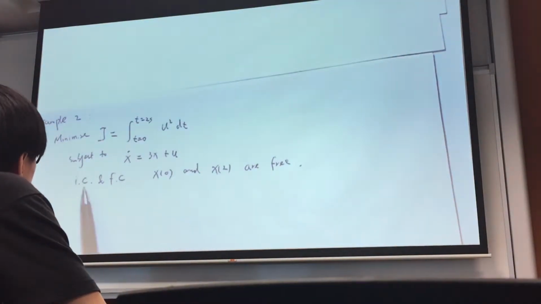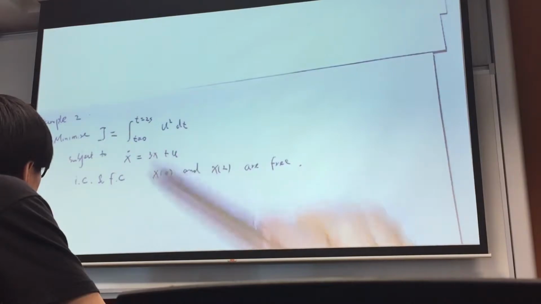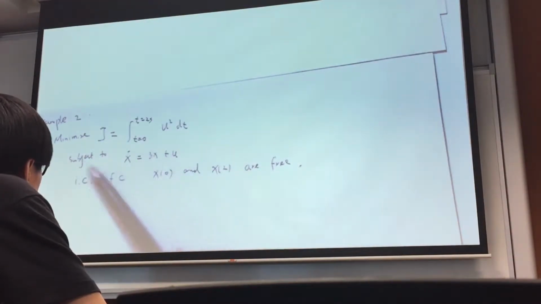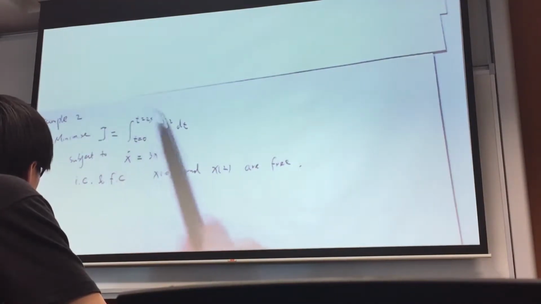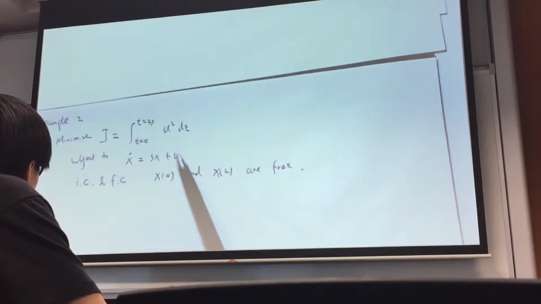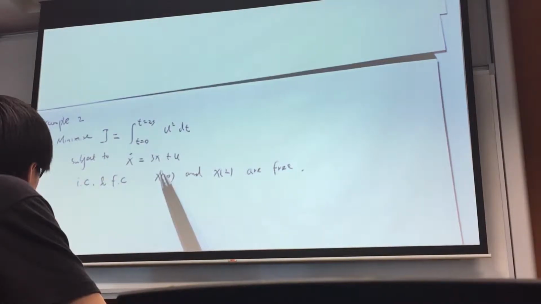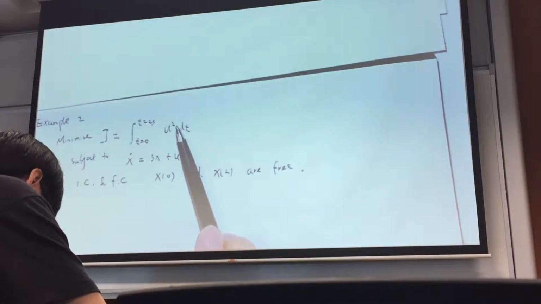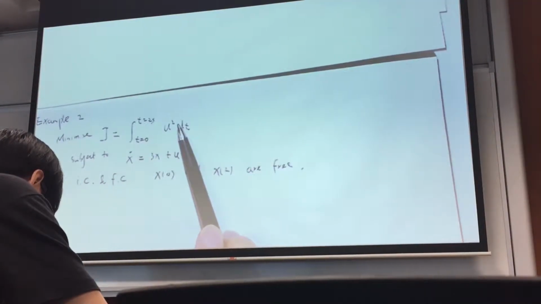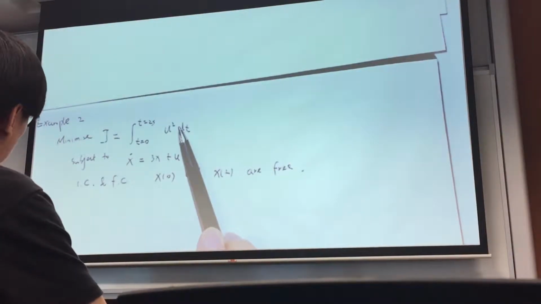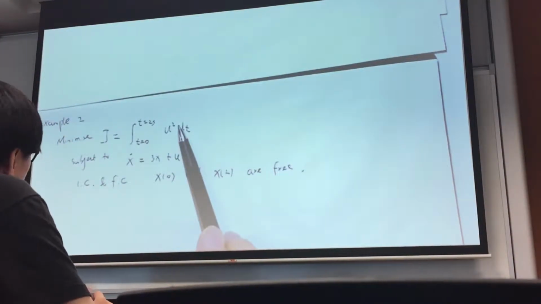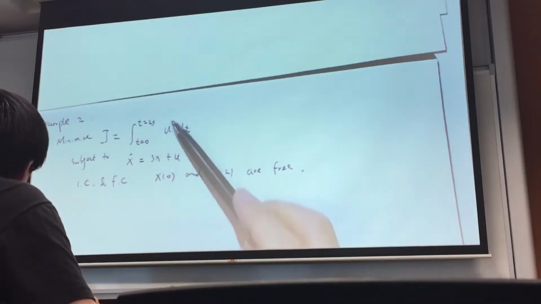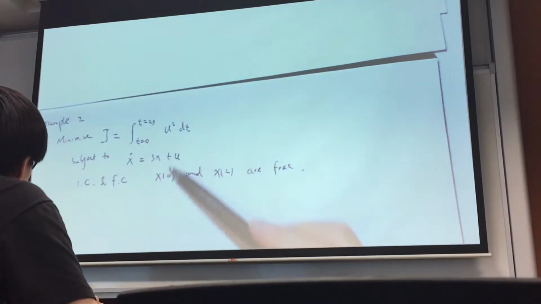This is quite a standard format. We have a standard cost function, and we have a standard differential equation for the dynamics of the system. The cost function is quite similar to the example that we discussed before. You still remember our one-dimensional path planning problem, where we want to optimize the control energy.